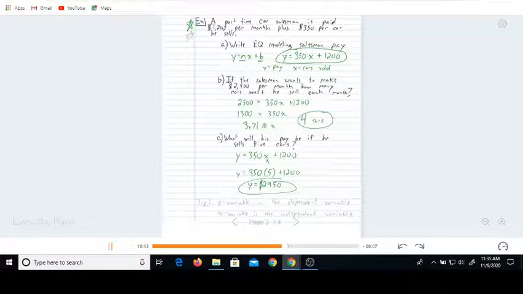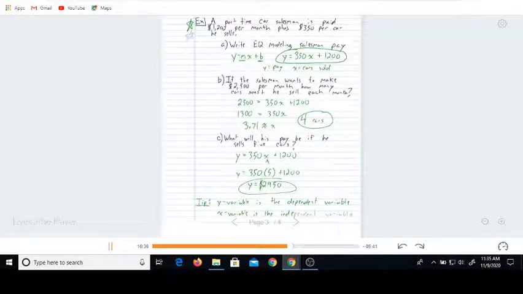And we'll make a quick note here, a little tip. Typically, your y variable is the dependent variable and the x variable is the independent variable.